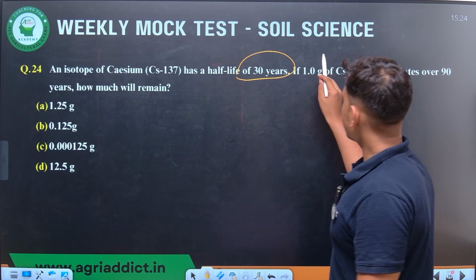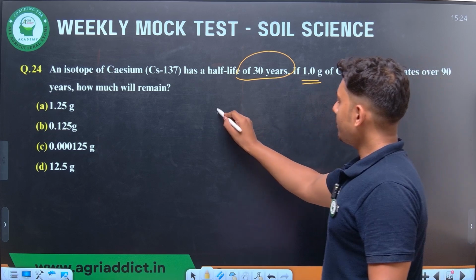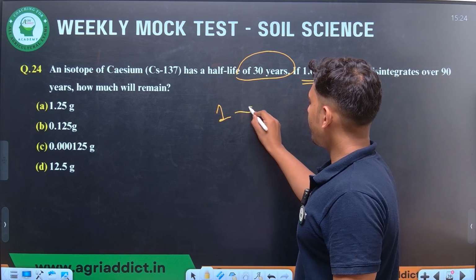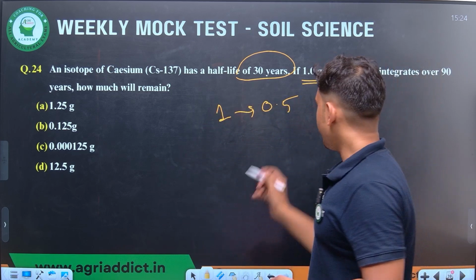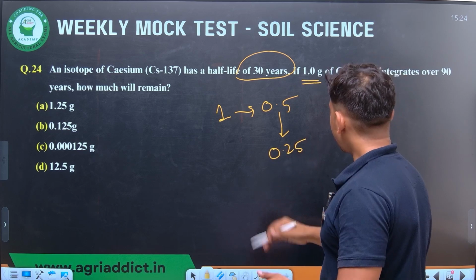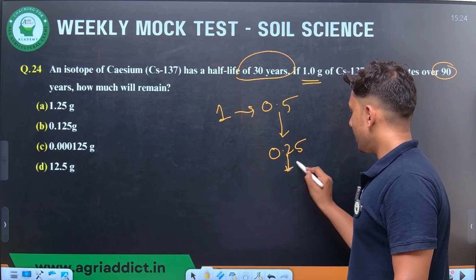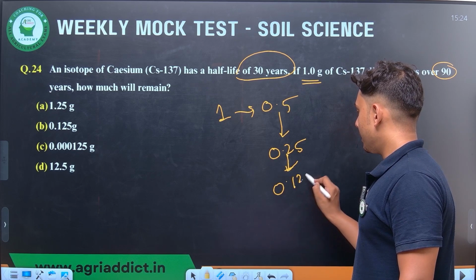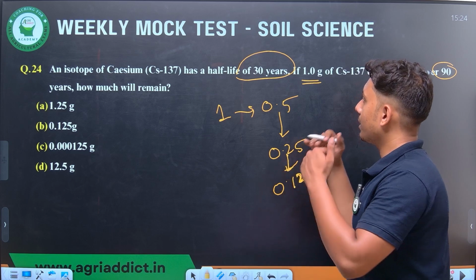If 1 gram is there, after 30 years it will be 0.5 gram. Then after another 30 years, that is 60 years, it will be half of this, 0.25. And after another 30 years, that is a total of 90 years, it will be 0.125.